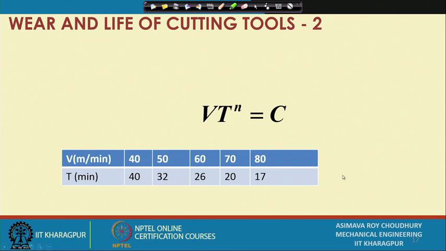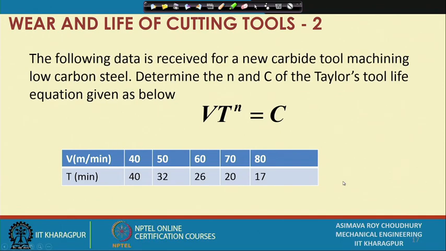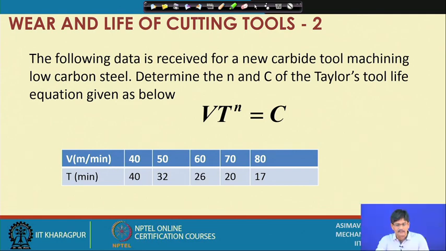The following data is received for a new carbide tool machining low carbon steel. Generally, carbide tools are not used for steels because diffusion wear can take place and it can destroy the tool within few minutes of its first run.